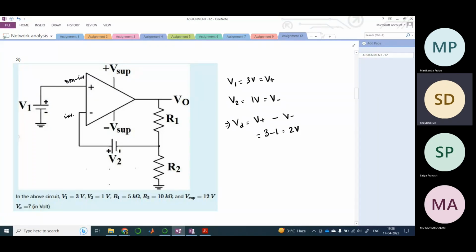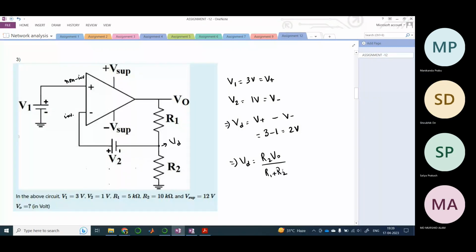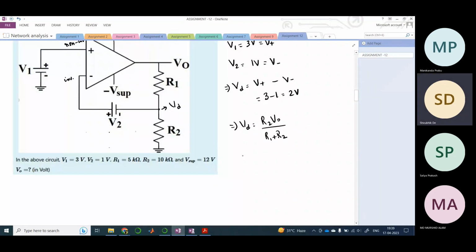And once it does, the equivalent voltage that it would apply here is Vd. So you need to calculate V0. So Vd is what? It's the potential divider circuit. So it's like R2 into V0 divided by R1 plus R2, right? So once you do that, it's like 2 volt.